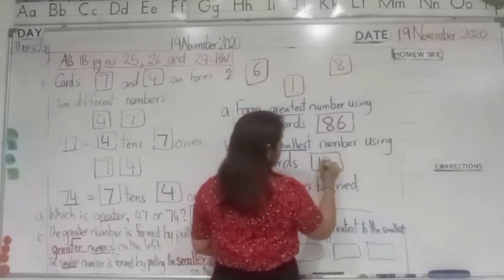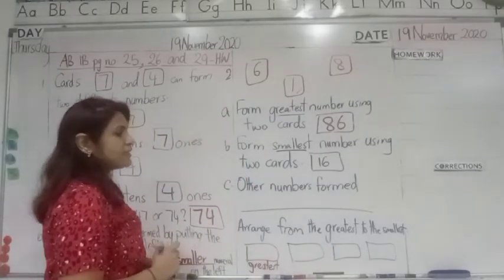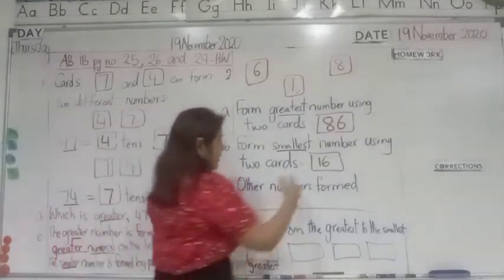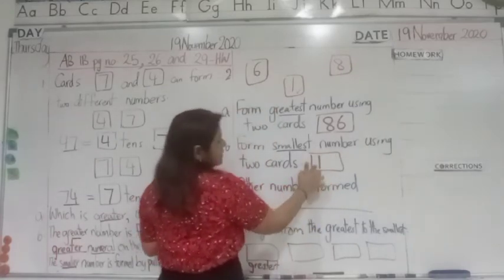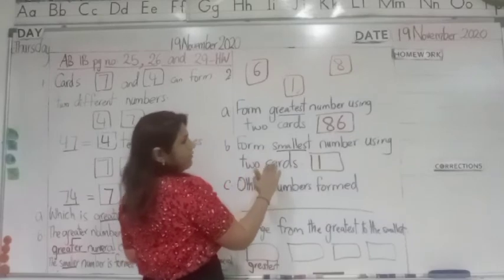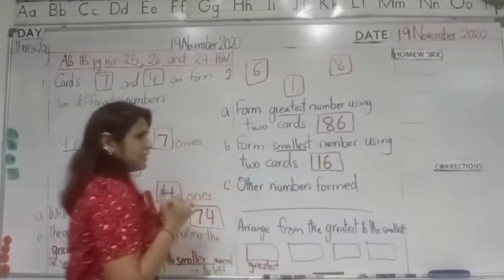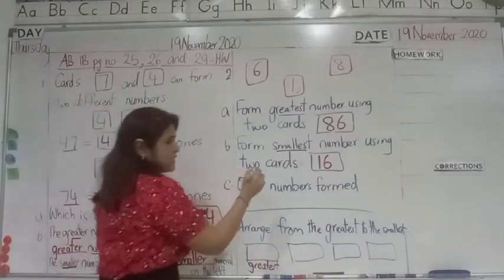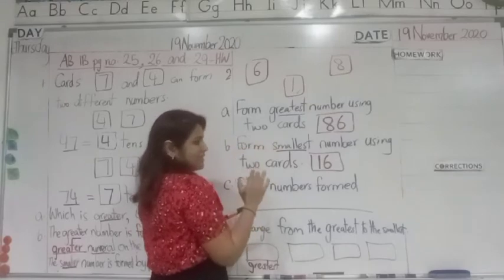So you will form 16 as the smallest number. Let me write it with red. So this is the smallest number on your left, followed by the smaller number, that is 6. If you put 8, then it will be a smaller number, not the smallest.